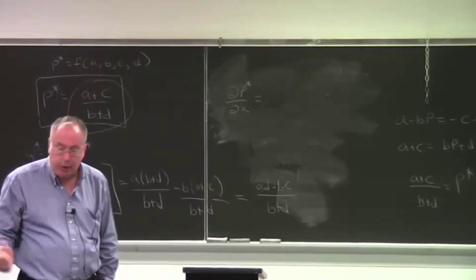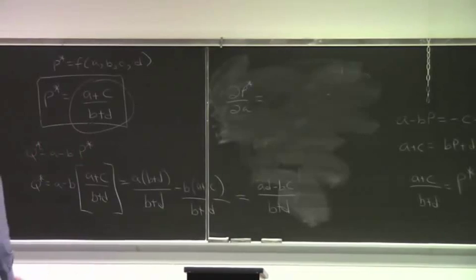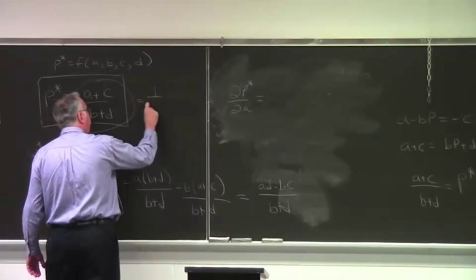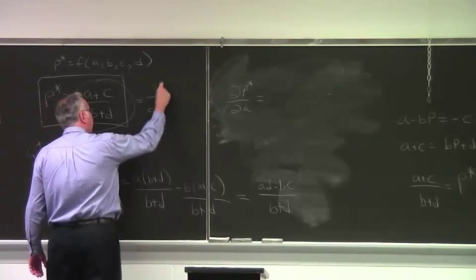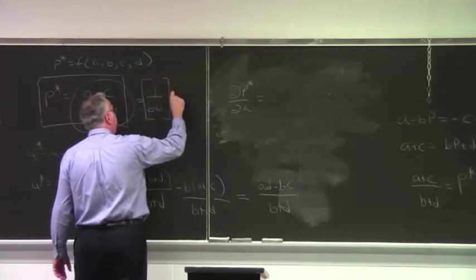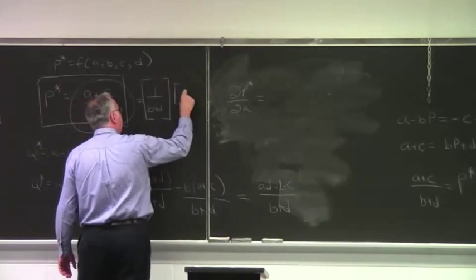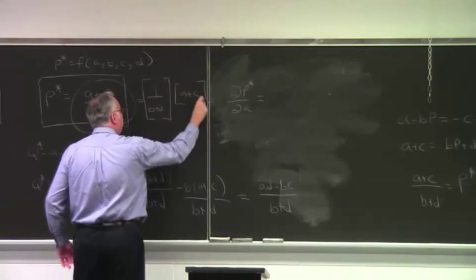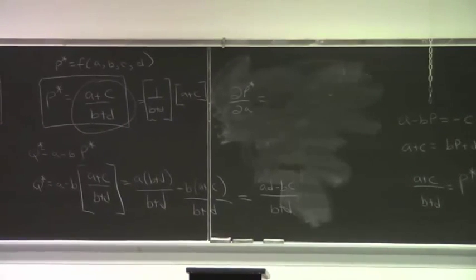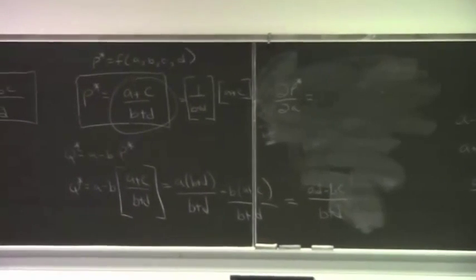The simplest way of doing it is this. Let's just rewrite this as 1 over b plus d, in brackets, times a plus c. And when you take the partial derivative of p star with respect to a, you're treating b and d and c as if they're constants.